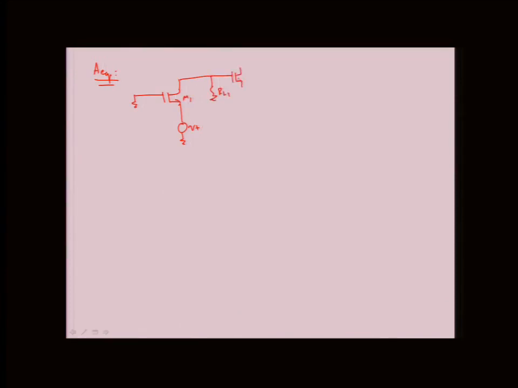And then there's just a series of gain stages, which is not a big deal. I'm going to ignore all the R naughts in this case because I'm going to assume that the load resistors are smaller, as they should be. Okay, this is M3, M2.